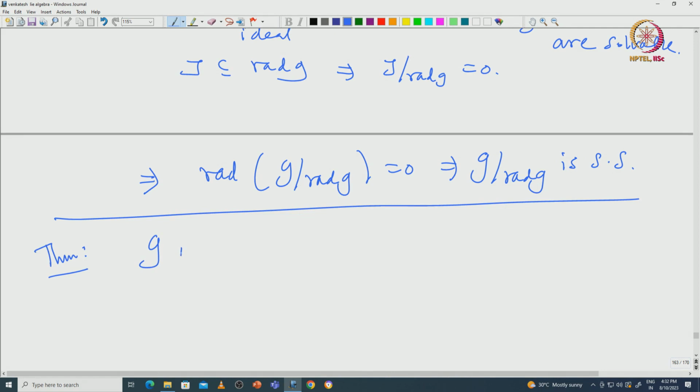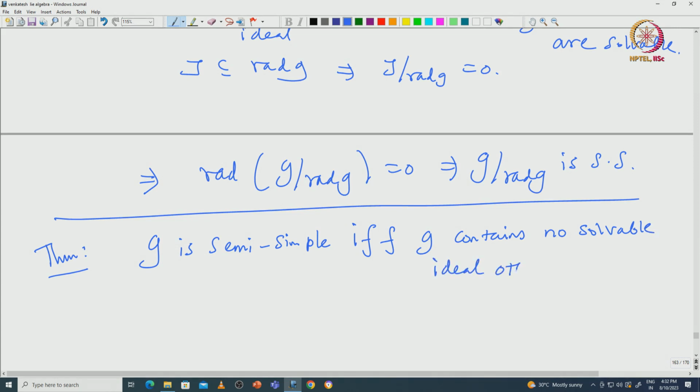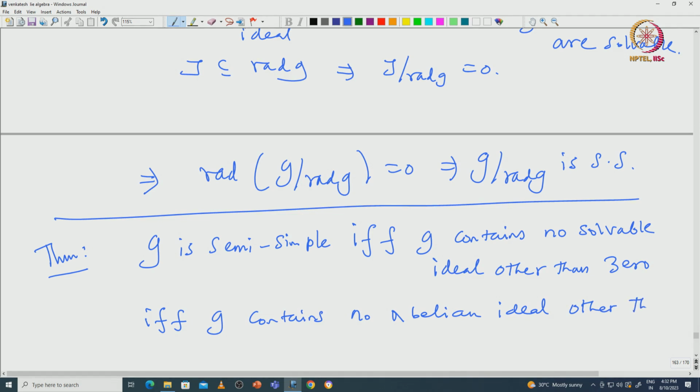G is semi-simple if and only if G contains no solvable ideal other than 0, if and only if G contains no abelian ideal other than 0.